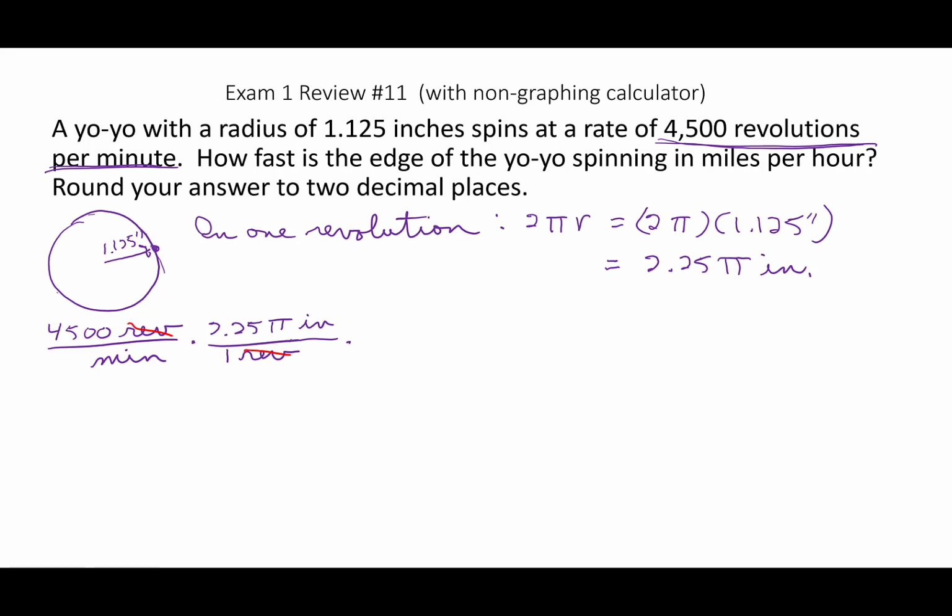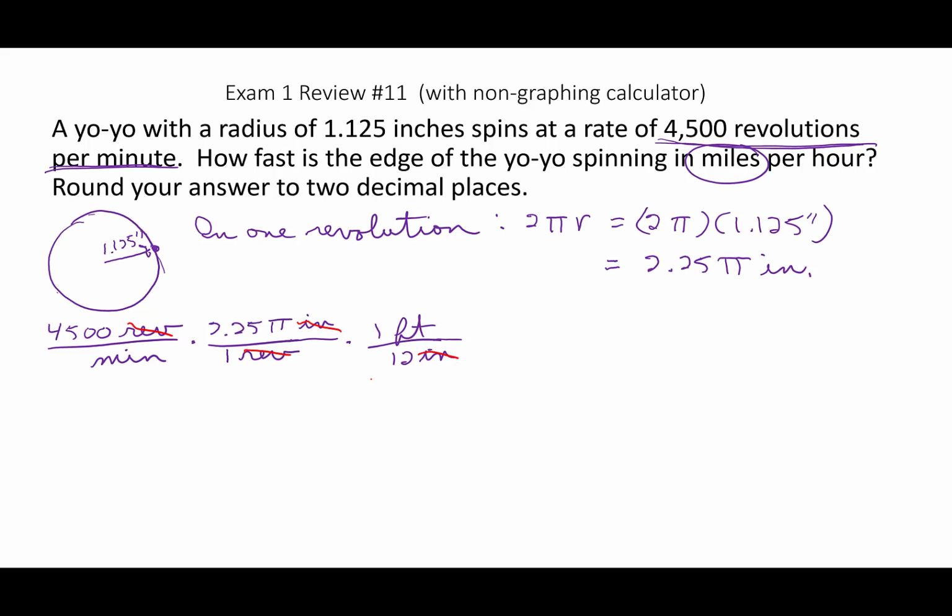Let's start with, since I see inches right here, let's go ahead and change those inches into miles. The way I change inches into miles is I start by changing inches into feet. So remember, 1 foot has 12 inches in it. And so we've changed inches to feet.